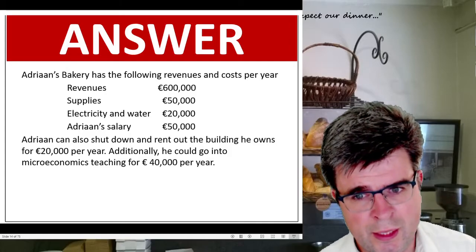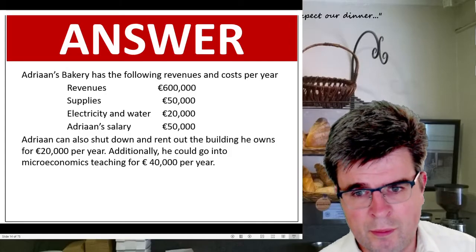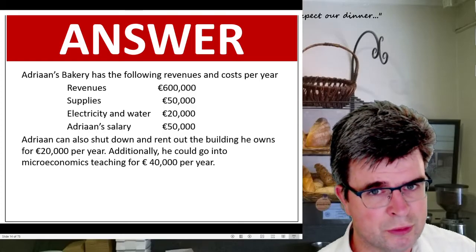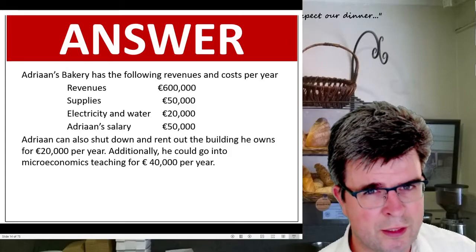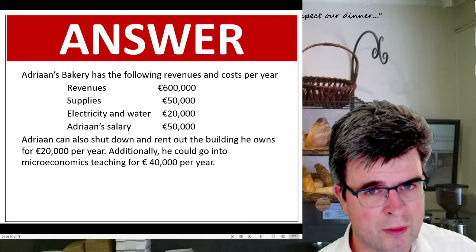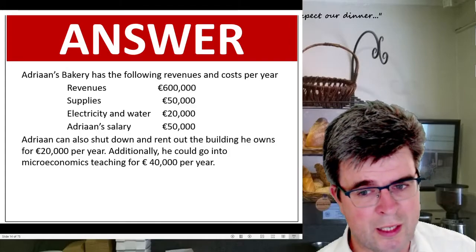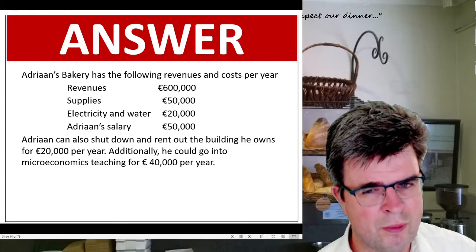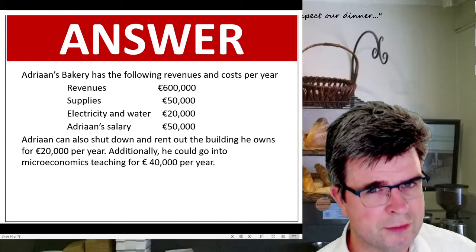But something funny happens here. Adrian's salary is posted on the account as €50,000, but you can see that the best alternative use that can be made of Adrian's services is only 40,000 a year. So this is really not the market price of Adrian.